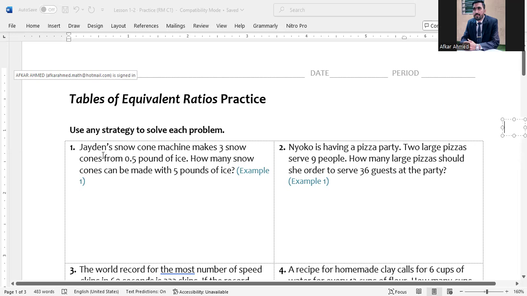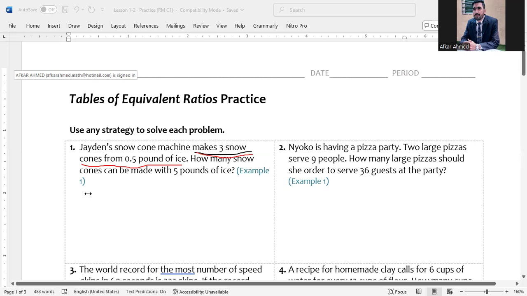The question number one is: Jayden's snow cone machine can make three snow cones from 0.5 pound of ice. So from there we can write one fraction.